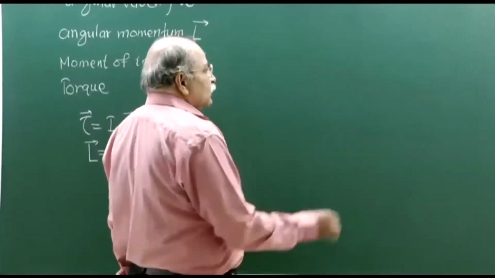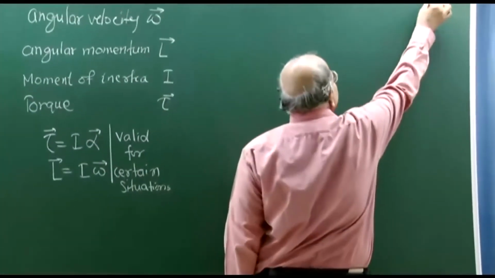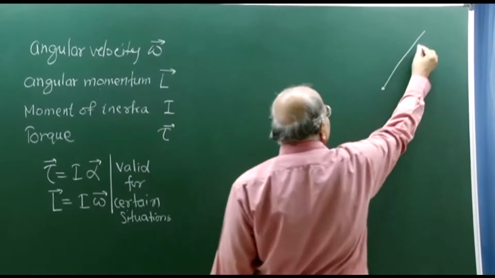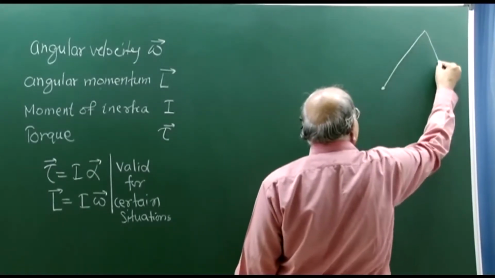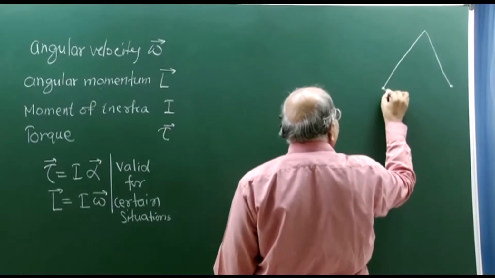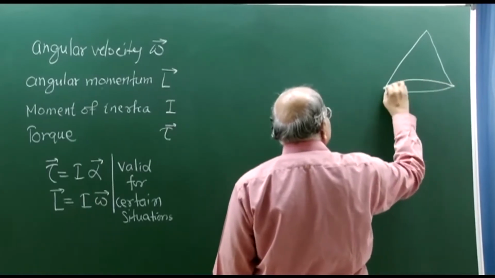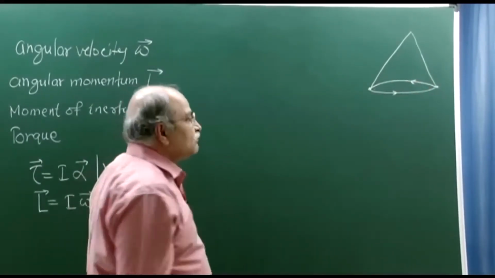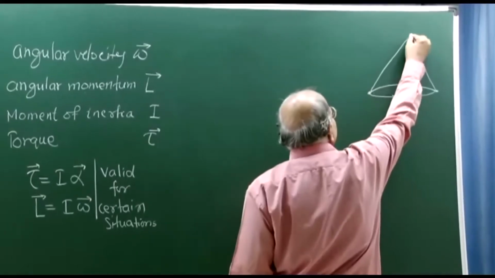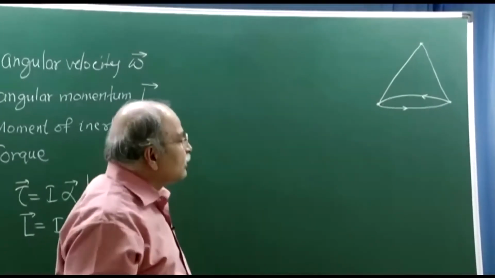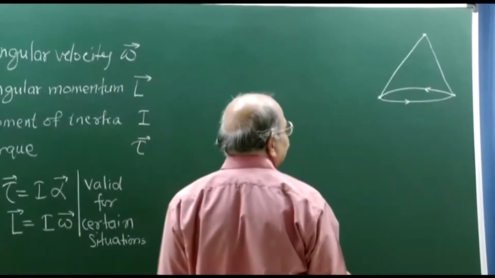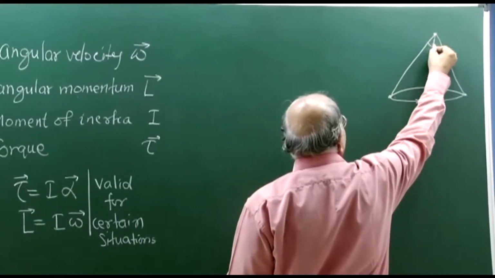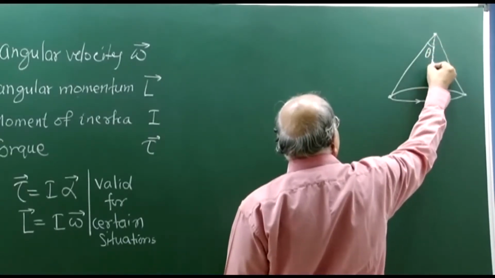The conical pendulum is like this: you can draw a picture, ball here, and then it goes in a horizontal circle, anti-clockwise as seen from above. This is the point where I held the other end of the thread. This is the vertical axis, and the semi vertical angle is theta.